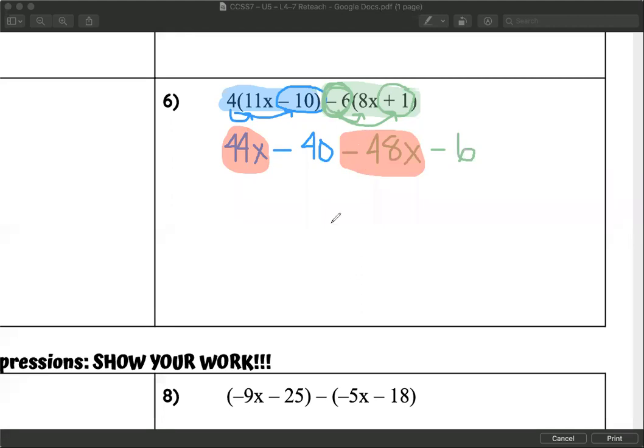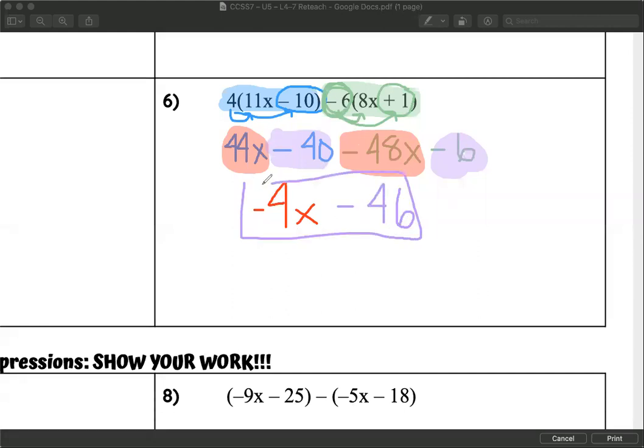They're opposites. We find the difference, which is 4. There were more negatives, so negative 4x. And then combining our constants, we have negative 40 and negative 6. They are the same. We find the sum, which is 46, and we were adding negatives, so negative 46. So negative 4x minus 46.